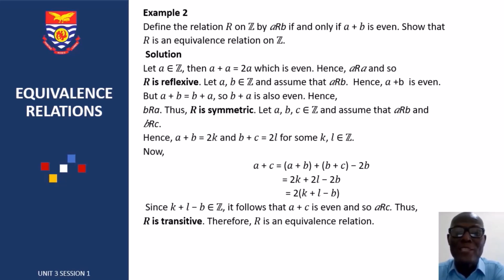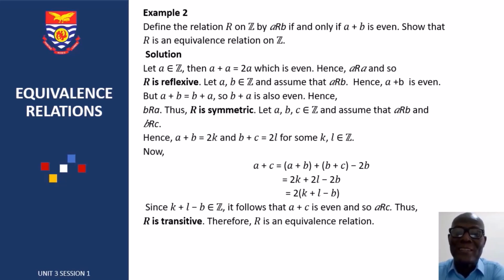Since A plus B is equal to B plus A, which are both even, we can conclude that B relates to A. Hence, the relation R is symmetric.